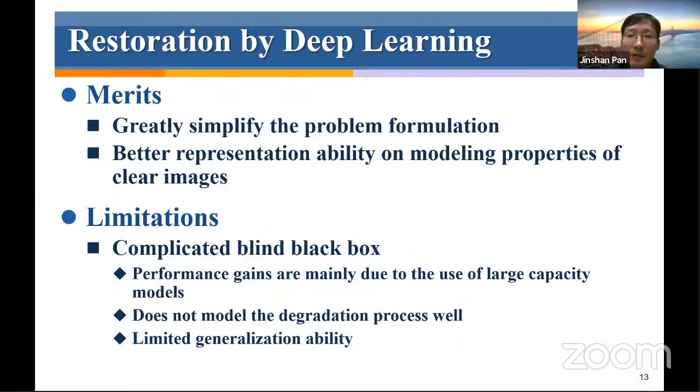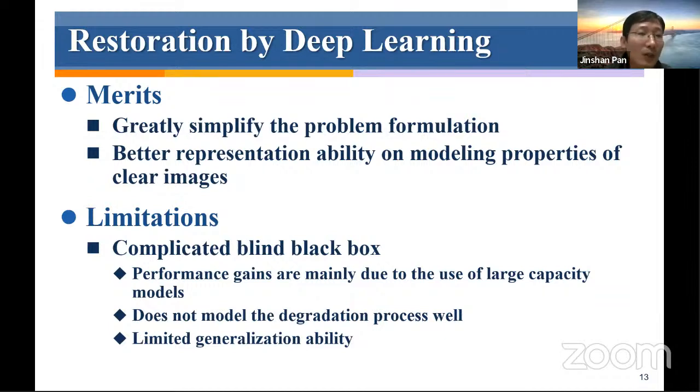And to summarize, the deep learning-based methods have some merits as mentioned before. For example, they greatly simplify the problem formulation because we don't need to design priors on the degradation factors, latent clear images, and so on.